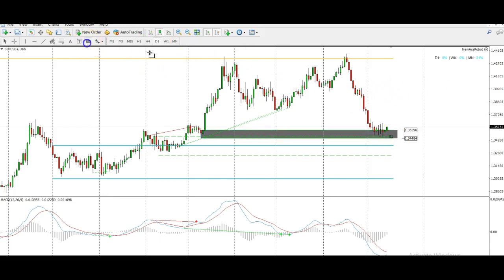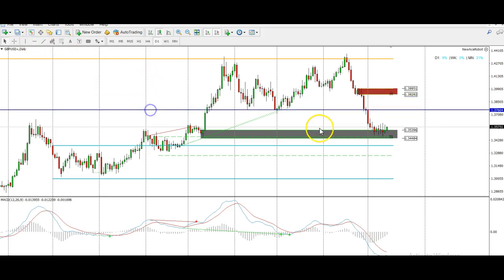So where's the target? First easy target is up towards up here. And if you look at this area here, yeah, it's definitely an area here.